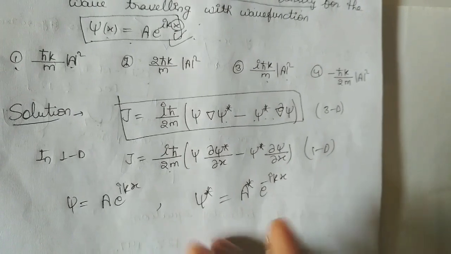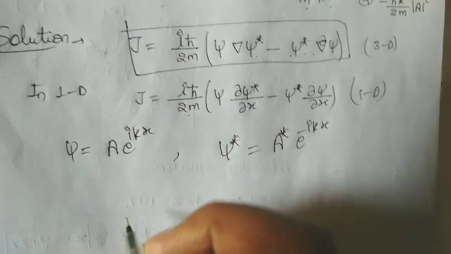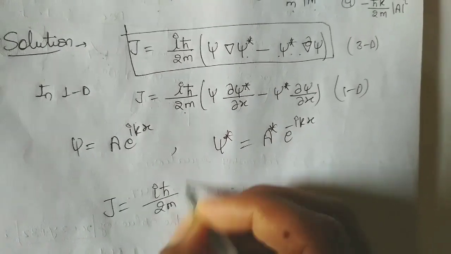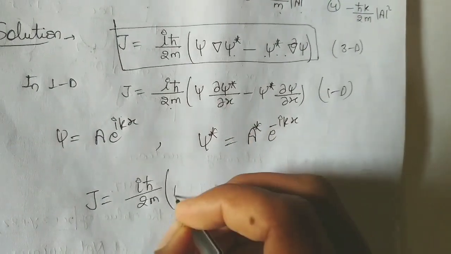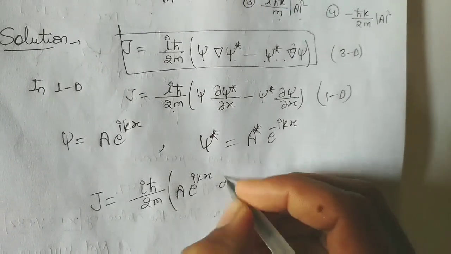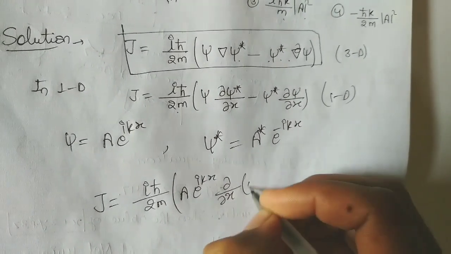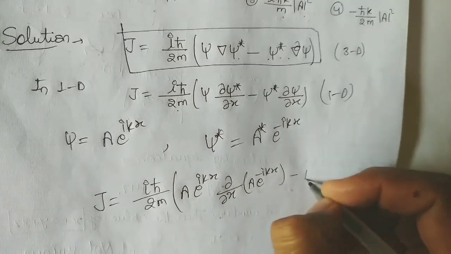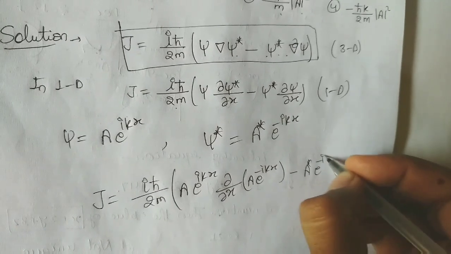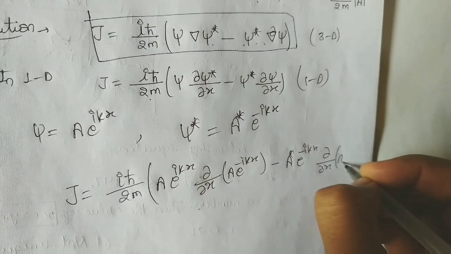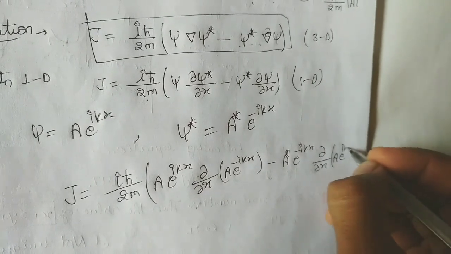So putting these values in this equation, we get J equals i h cross over 2m, psi, which is just a exponential i kx, times del over del x of a star exponential minus i kx, minus a star exponential minus i kx times del by del x of a exponential i kx.